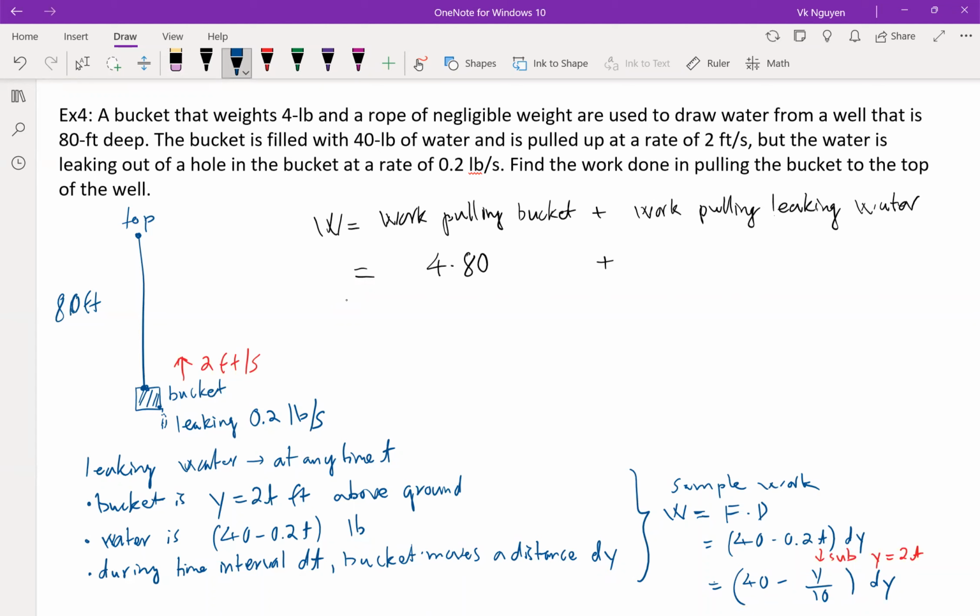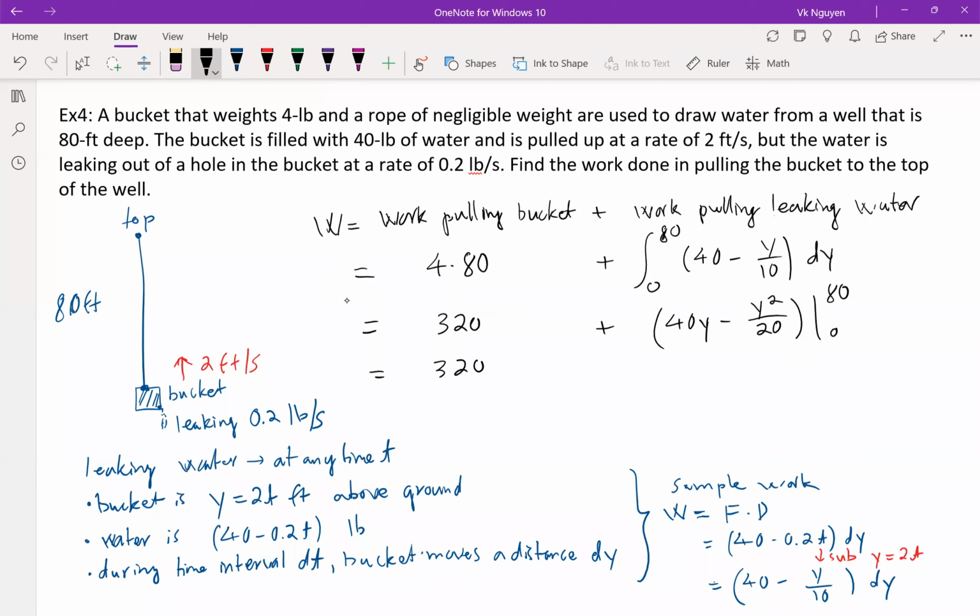Okay, got it. Now we can figure out the work pulling the leaking water, which is the integral from 0 to 80, since we have to pull it to the top of the well, of 40 minus y over 10 dy. There's 320 plus 40y minus y squared over 20, evaluated from 0 to 80.